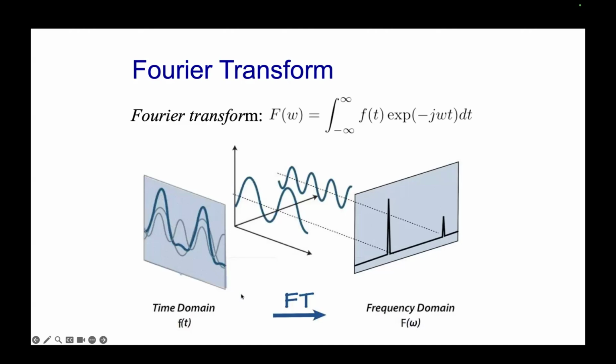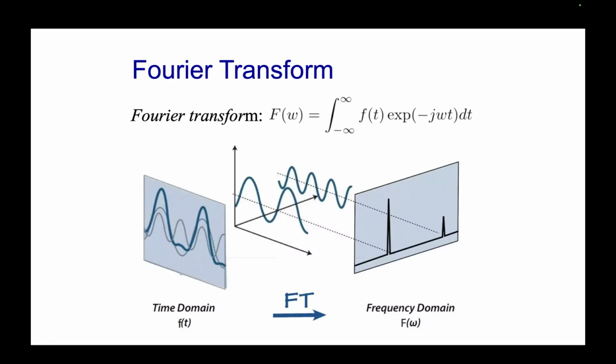Now, when we take the Fourier transform, it transforms this view to this view. It tells us that there are two frequencies in the signal, and this frequency has this much amplitude, and this frequency has this much amplitude. And it all happens using this scary looking formula: the integral from minus infinity to infinity of f(t) e to the power minus j omega t dt.